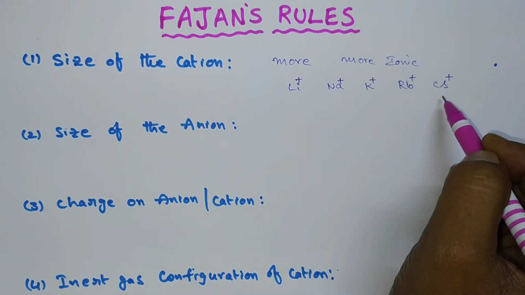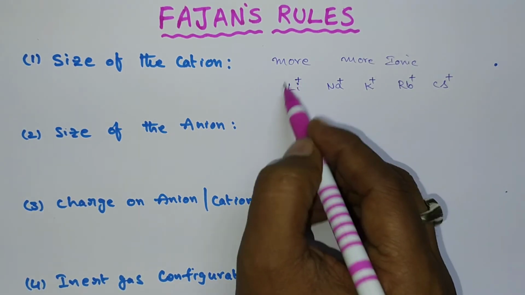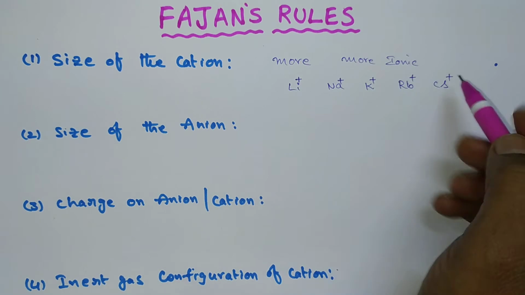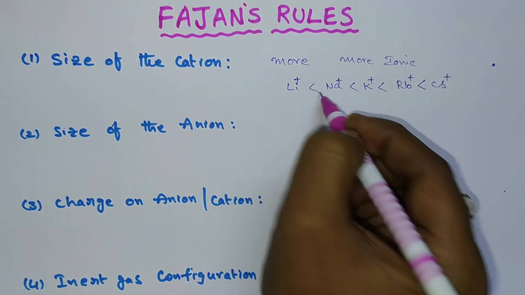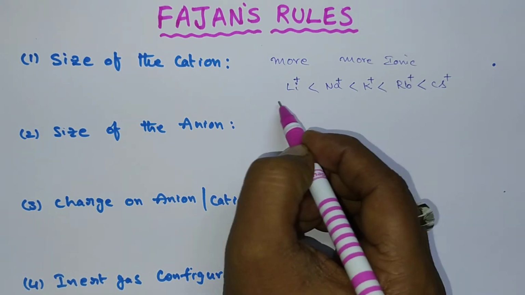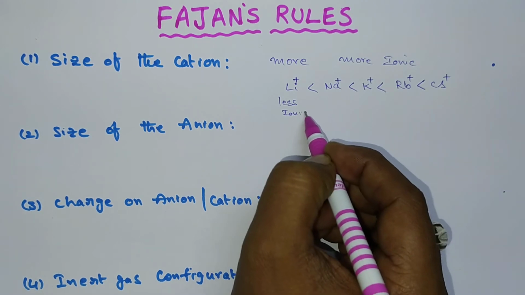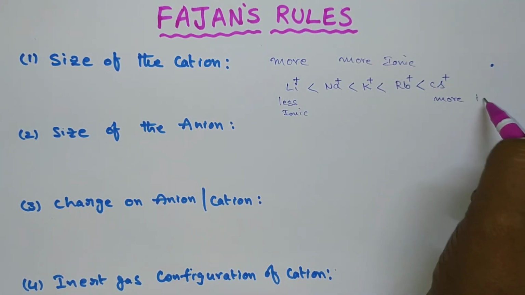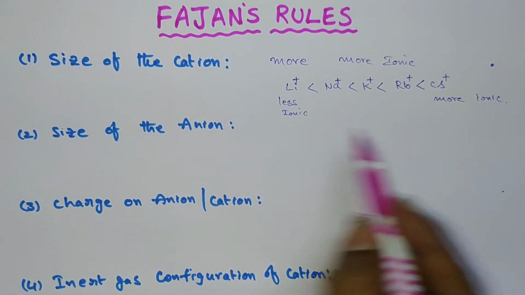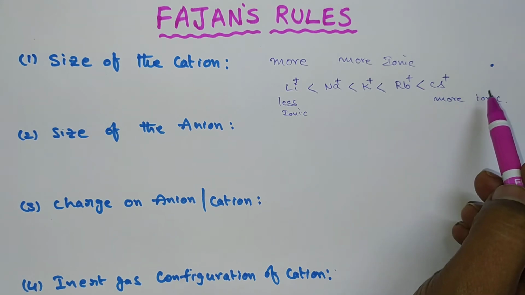So the ionic character is more for cesium plus, whereas the ionic character is less for lithium plus ion. So Li plus ion is less ionic, whereas cesium plus ion is more ionic. As the size of the cation increases, the ionic character goes on increasing.